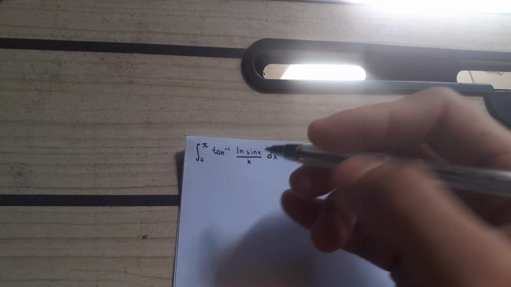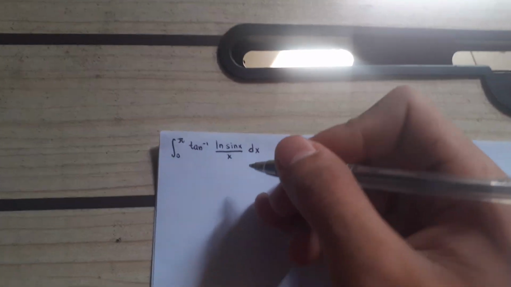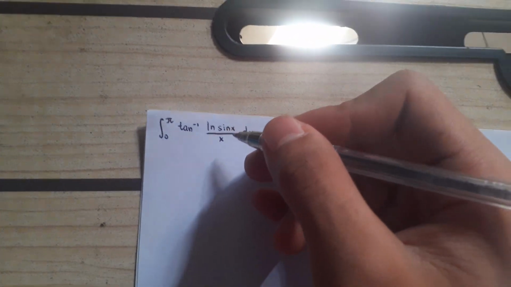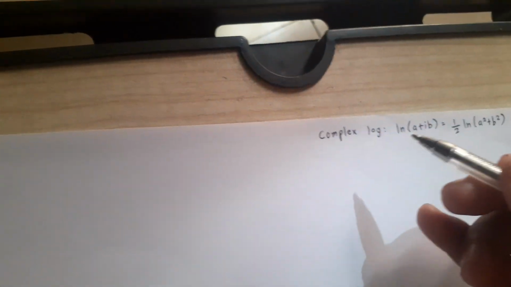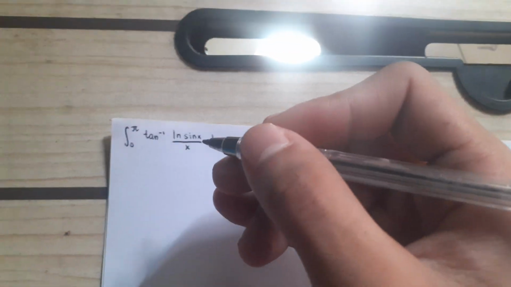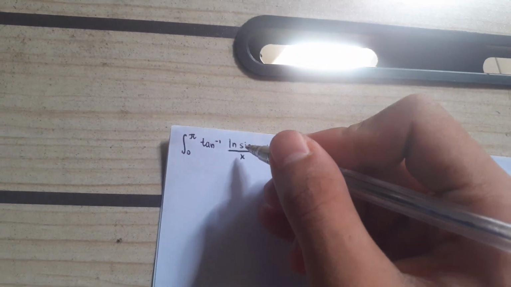So if we apply this identity to this integral, we will know that this is the imaginary part of some complex number. Let's say this is the a and this is b.